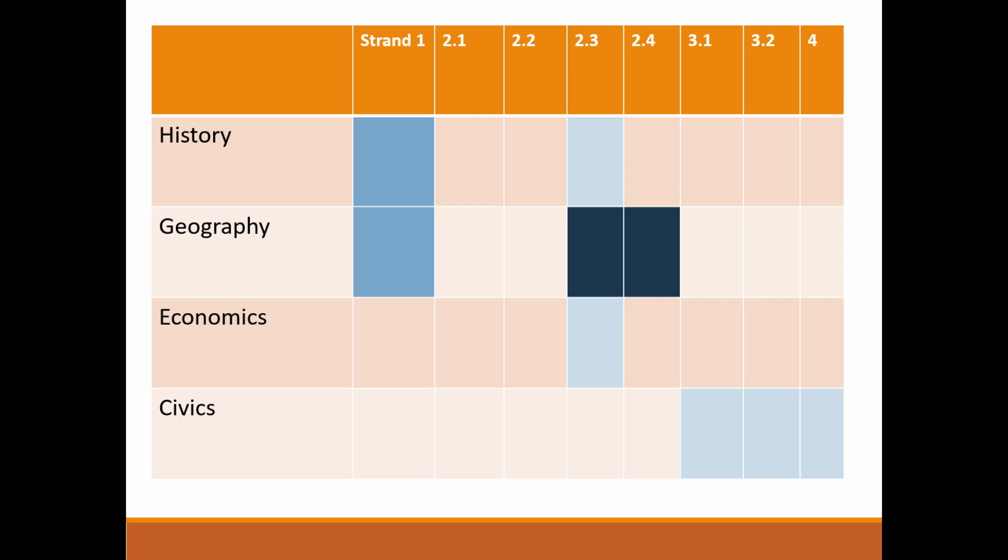That shows up really strongly in geography. Again, it's a little bit weaker on investigating environmental issues, and the personal and civic responsibility definitely shows up in civics, obviously, but it's not explicit to environmental education, so you have to make that connection.